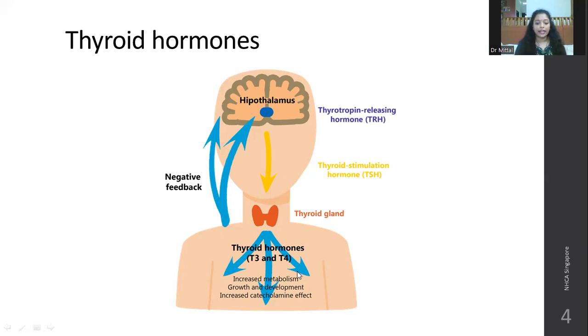Increased catecholamine effect, catecholamines like dopamine, norepinephrine, epinephrine. These are the 3 catecholamines present in the body. What do they do? Dopamine, can anyone guess what dopamine does in the body? Which part of your body has to respond to dopamine?